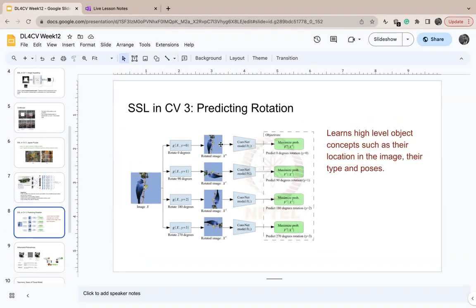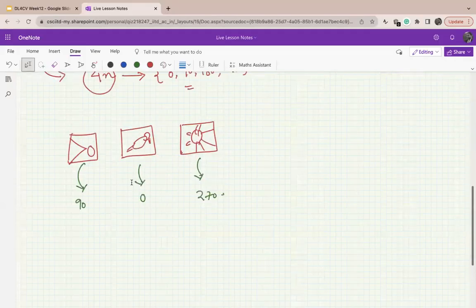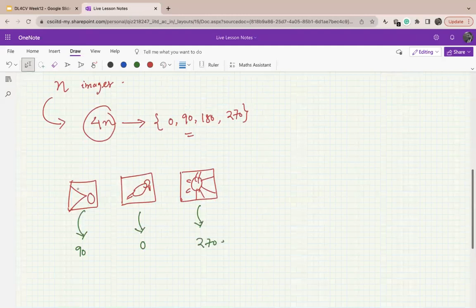Now we'll use a convolutional or any CNN model to predict these labels. Now this dataset is changed from just unlabeled images to images with labels.